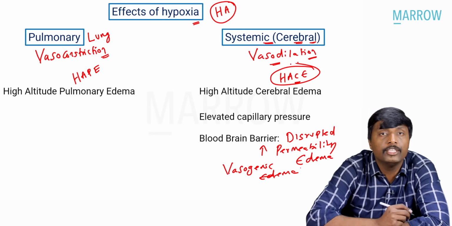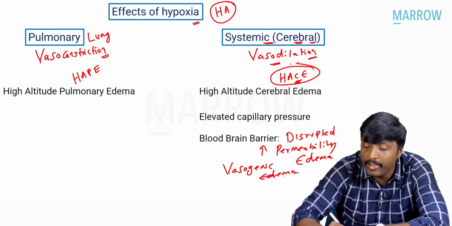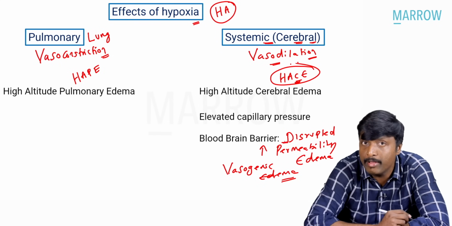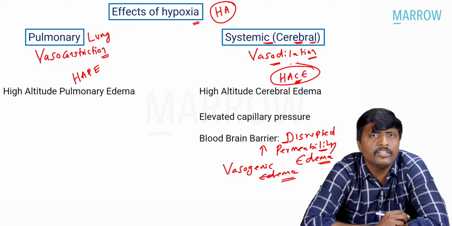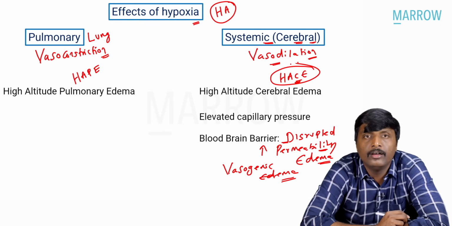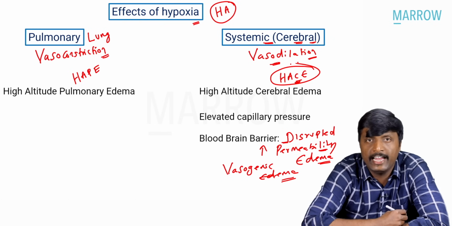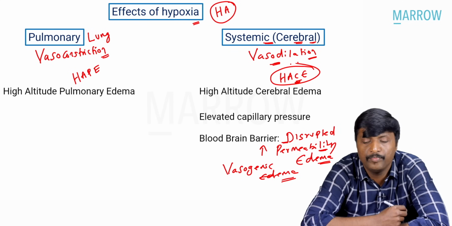Next time they can ask you this question. High altitude cerebral edema is a vasogenic edema, which means disruption of the blood-brain barrier leading to increased permeability and accumulation of fluid in the interstitial space. So the question, particularly the headache, is about high altitude cerebral edema. Hypoxia causing cerebral vasodilation is the answer. So high altitude cerebral edema is a type of vasogenic edema.